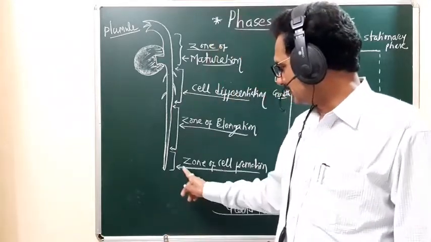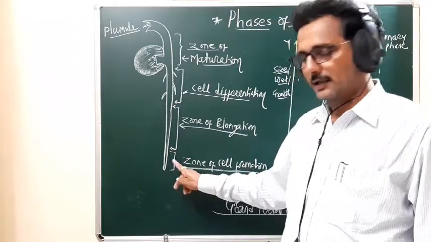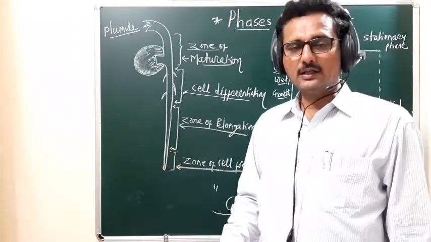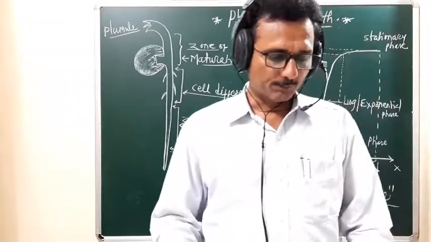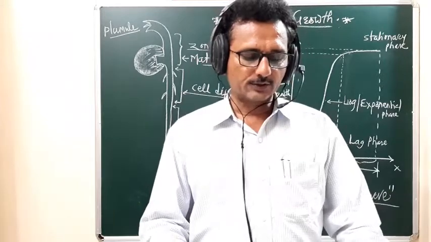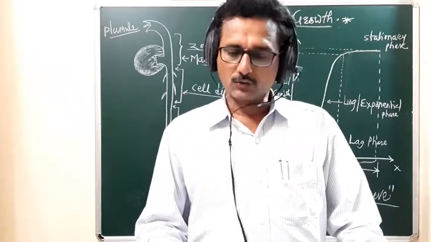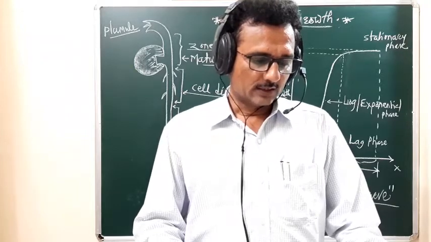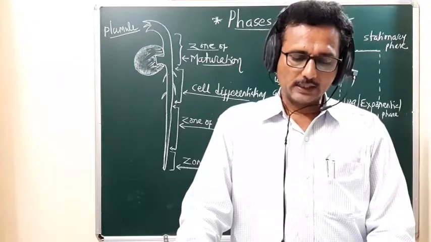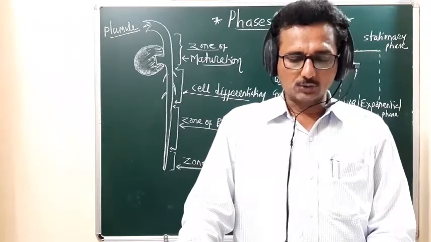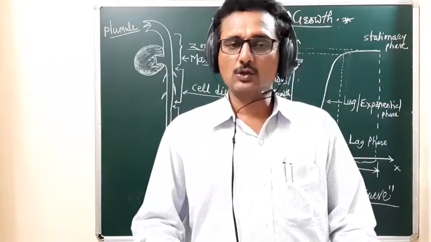The question is related to the meristematic phase of growth, where the apical meristem is situated. Which of the following is true for it? The first option: the constantly dividing cells both at the root apex and at the shoot apex represent the meristematic phase of growth.